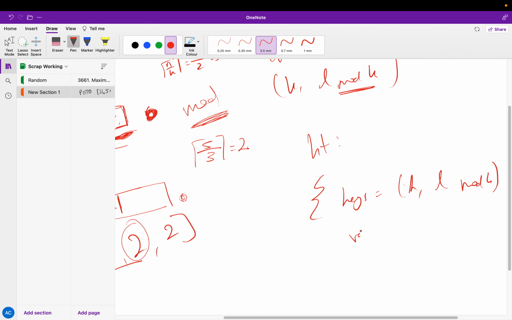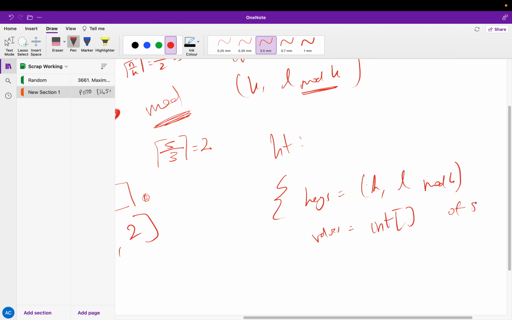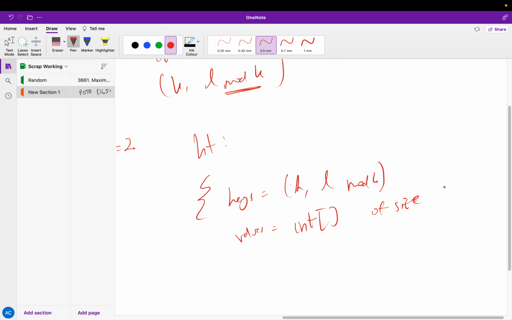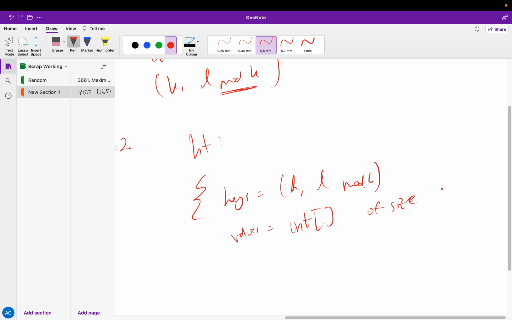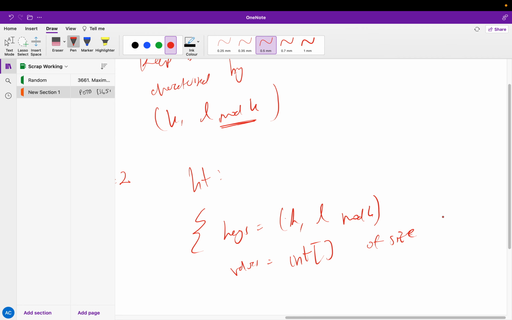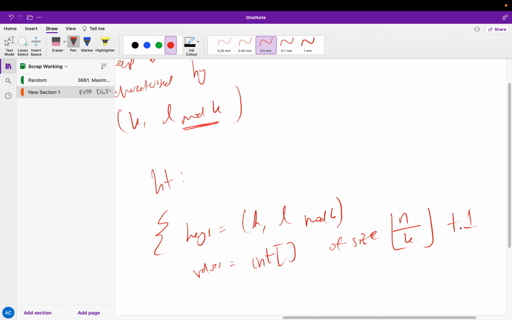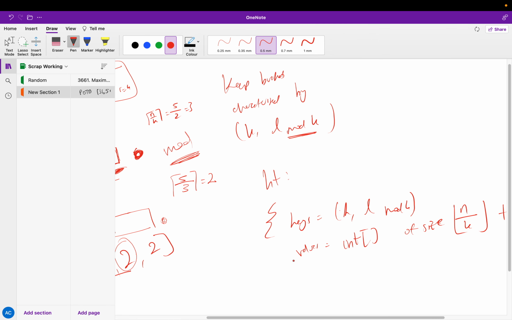And the values will be integer arrays of size, I think we can comfortably say, n divided by k floor plus 1. I think plus 1 is fine. It's a bit of extra space, if nothing else.